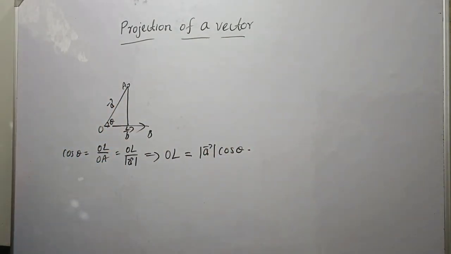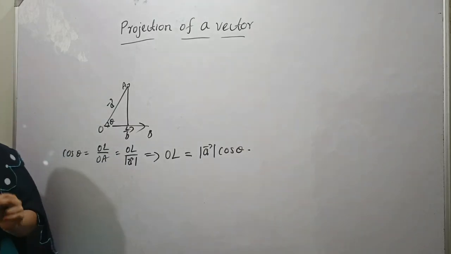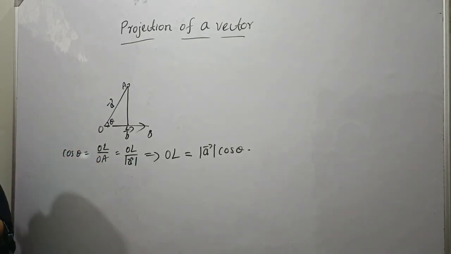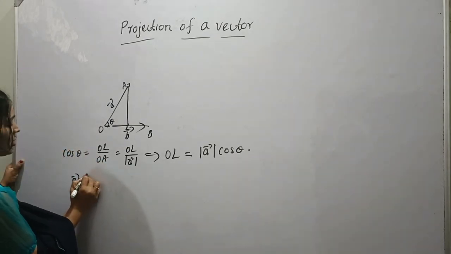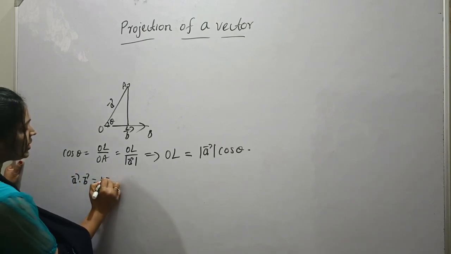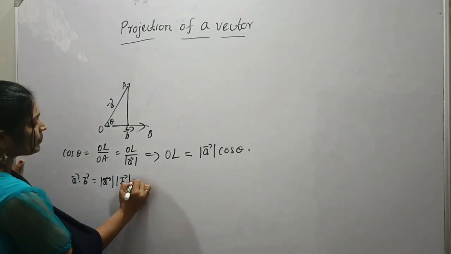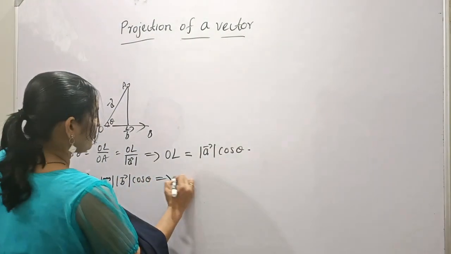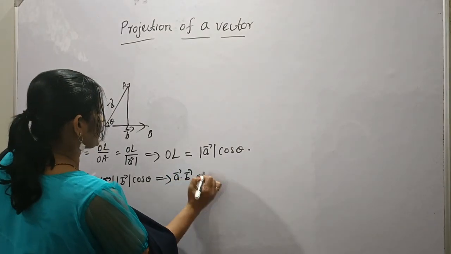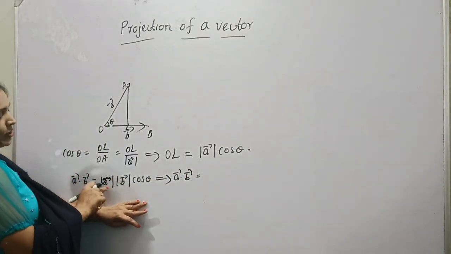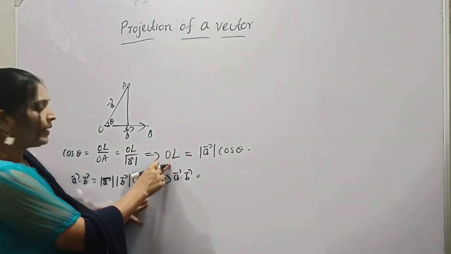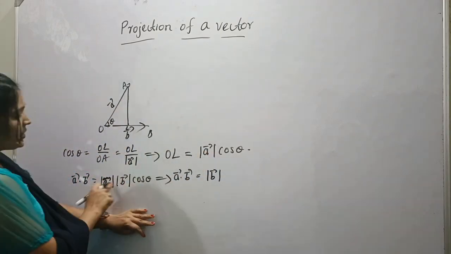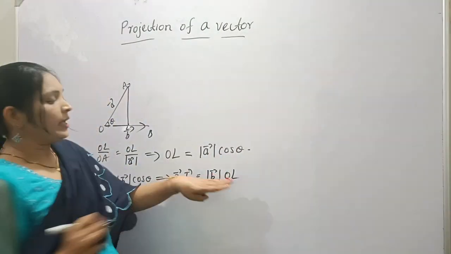Okay, then. Now let's see how to find projection of a vector on another vector. It's very important. Okay, see, we have a scalar product: vector A dot vector B is equal to modulus of vector A into modulus of vector B cos theta. Right? Here modulus of vector A cos theta is nothing but OL, right? So here we can write modulus of vector B and it is OL, right? Here what is OL?